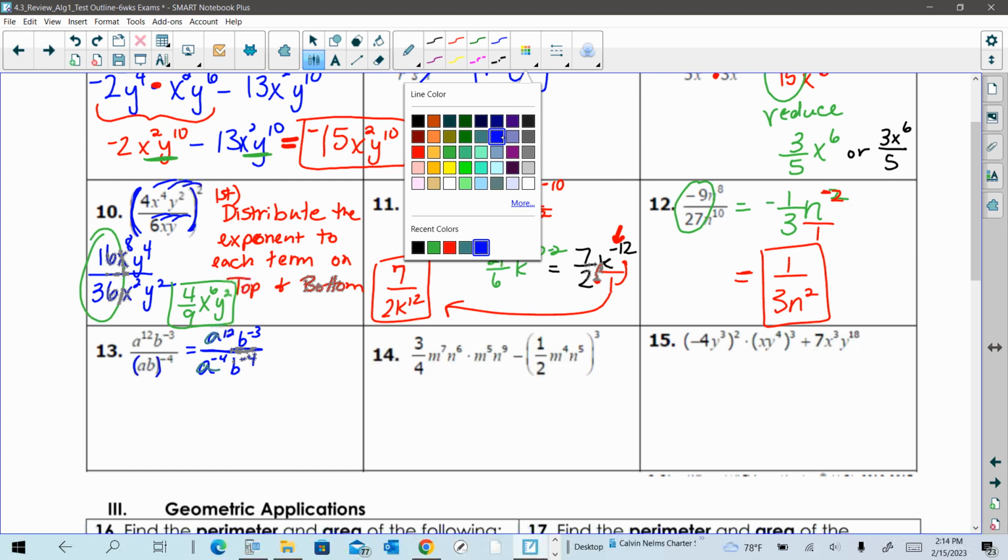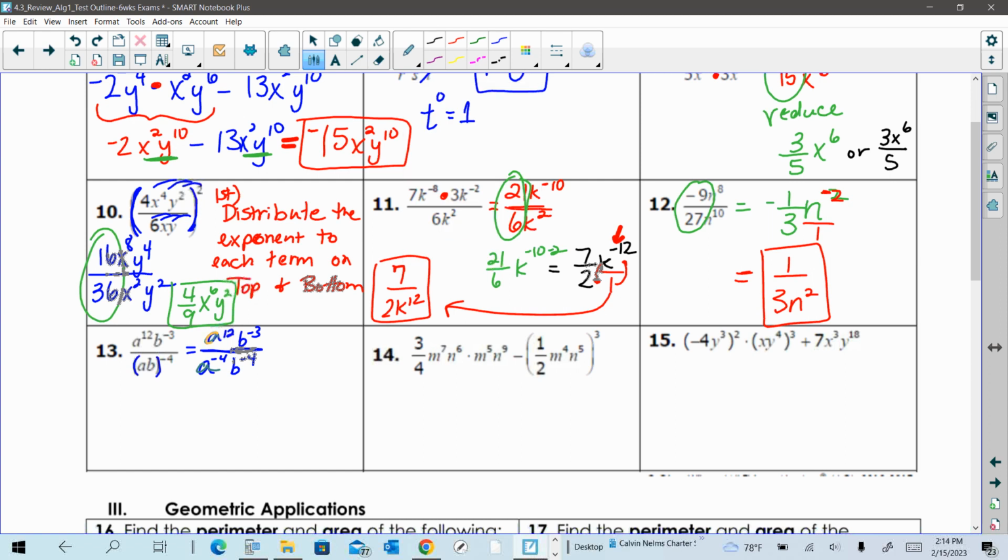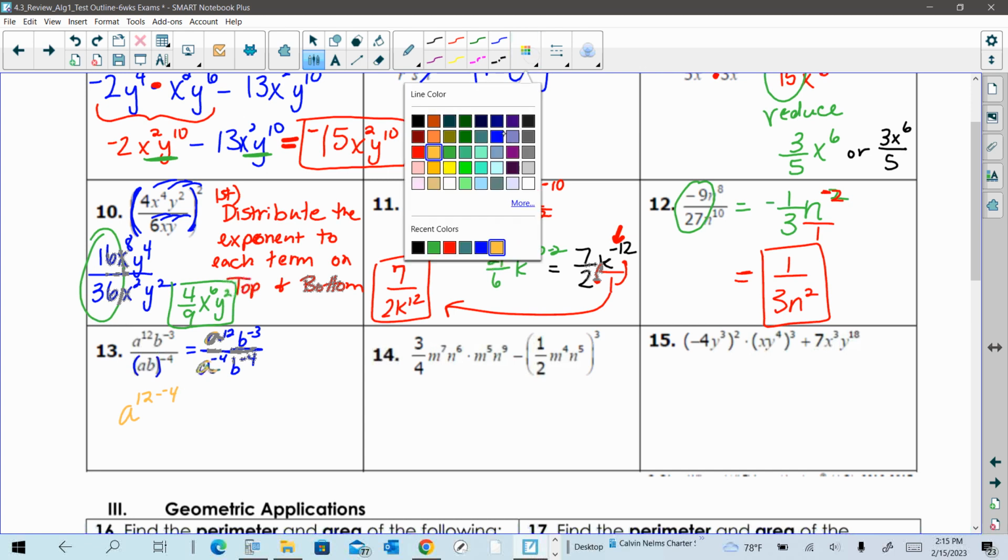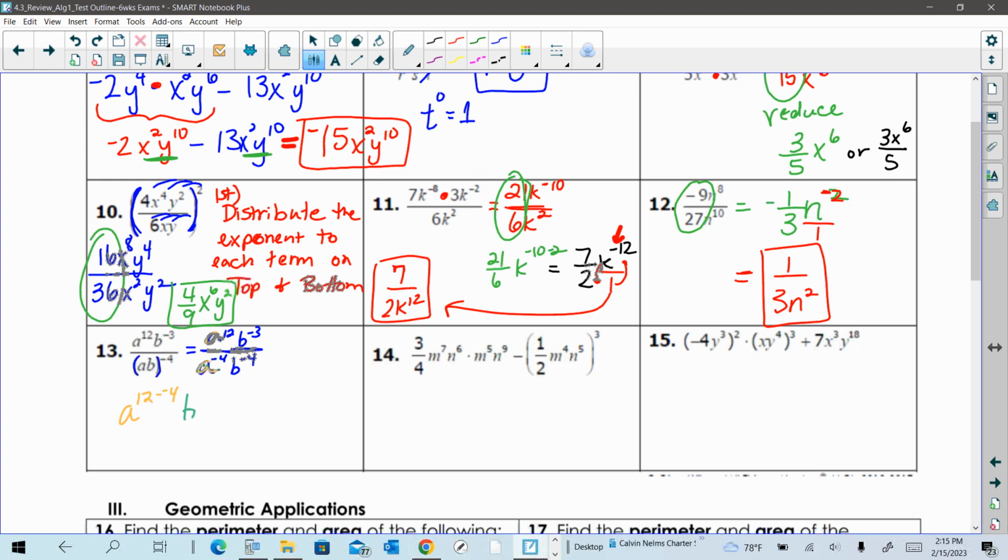Let's go orange. If I'm looking at the a's, this is a, and then we're subtracting the exponent. So it's saying 12 minus a negative 4. And then we do the same thing for the b's. This is negative 3 minus a negative 4.